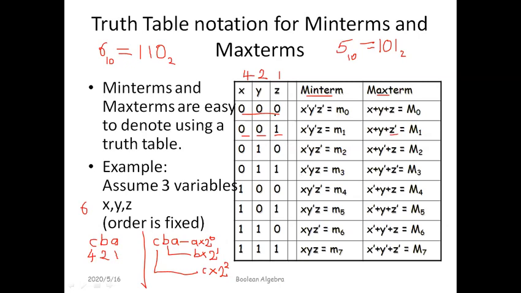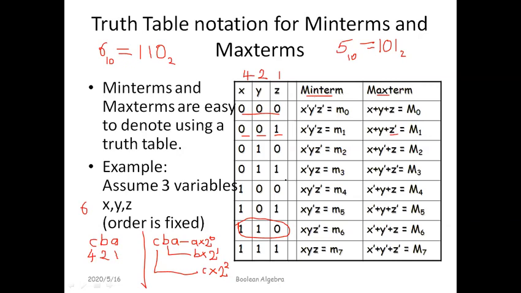So this process continues. Let's randomly select another. Yeah, this one. So this is 1, 1, 0. Let's look at the min term.